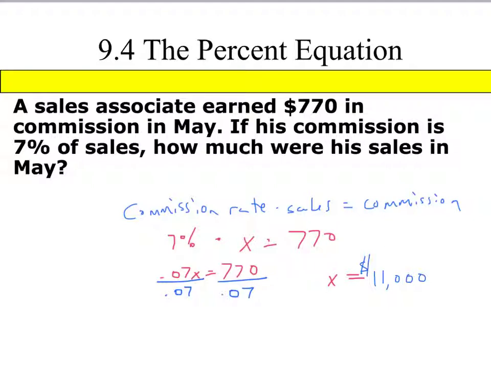We did not know our sales, and we know what our commission is. Your commission is going to be less than your sales. The reason behind that is I don't know anyone who makes over 100% of their sales. Your commission is always going to be a percentage of your sales, so it's going to be less. Okay, notice we have 770 is less than $11,000.